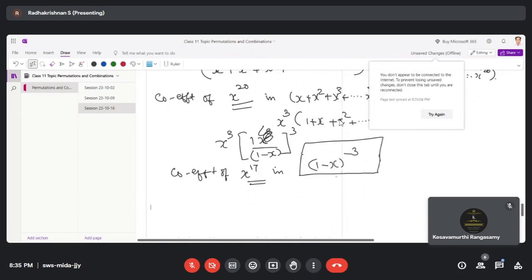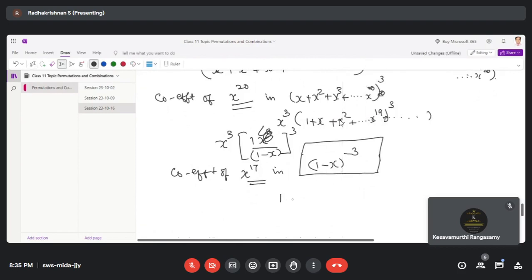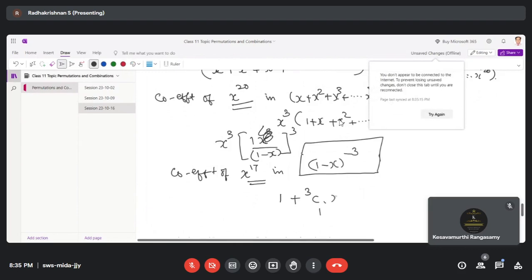So I'll tell you the expansion of 1 minus x whole to the power of minus 3. It is 1 plus 3C1 into x plus, let us say, 3C1 or 3. Instead of this, if it were 1 plus x, where the coefficient is positive, we would write 3C2, which is 3 into 2 by 2 factorial.